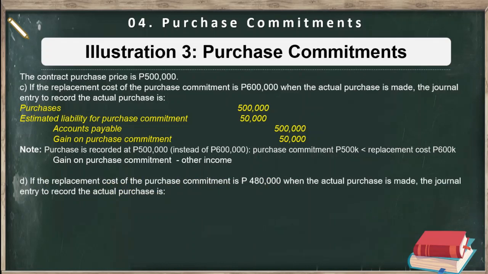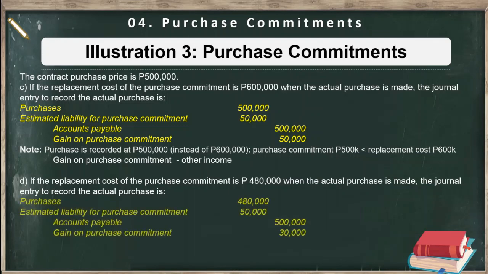If the replacement cost of the purchase commitment is 480,000, not 420, not 600, but 480,000, what would be the entry? So that would be debit to purchases, 480,000, okay, or that would be the amount of the replacement cost.